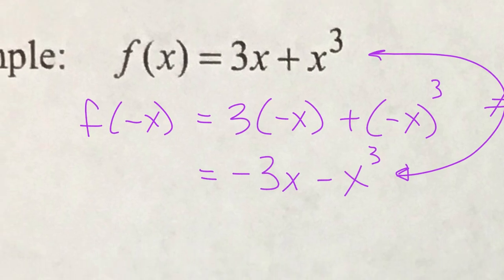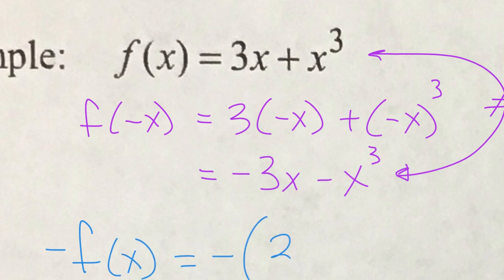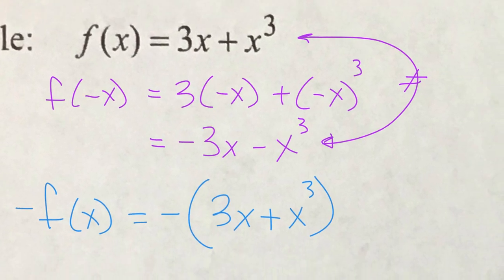So our second thing to do is to make the entire equation negative. Put your negative out front and put everything in parentheses. Now we have to distribute to every term. We have two terms. The first term is 3x. The second term is x cubed.